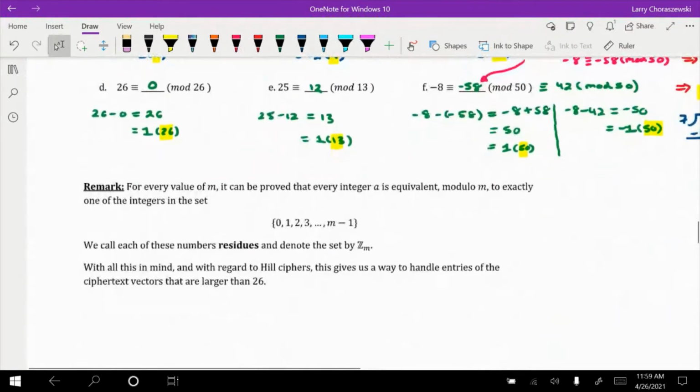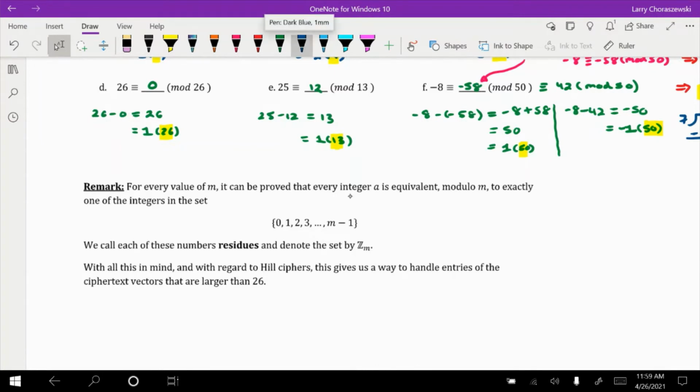So I had mentioned the word residue, and there's a reason for it. The positive remainders, the smallest positive remainders, are called residues.